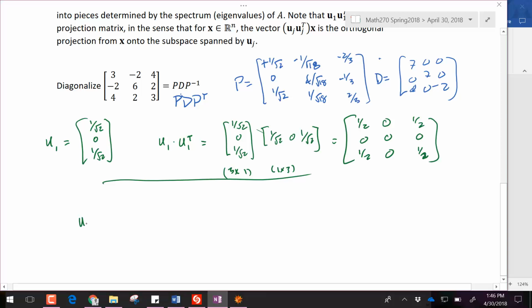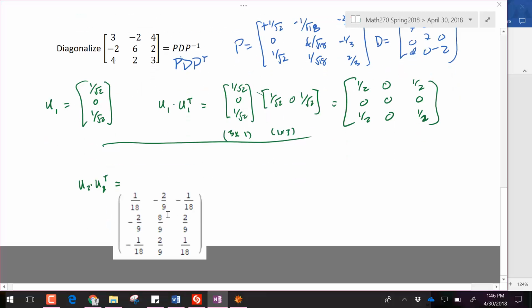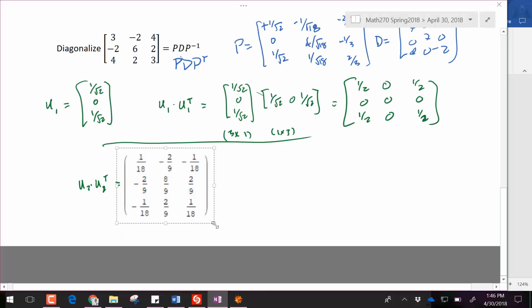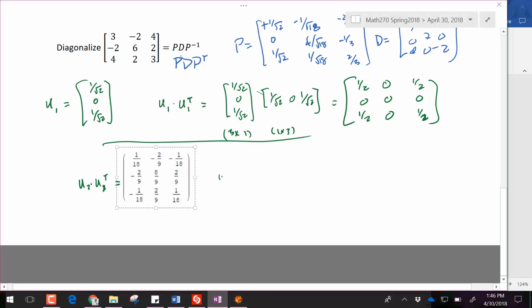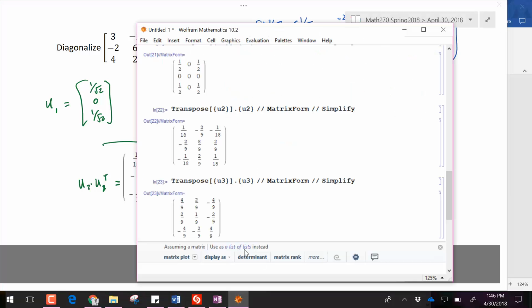We have U2 times U2 transpose is equal to this. And then we have U3 times U3 transpose is going to be equal to this last one here.